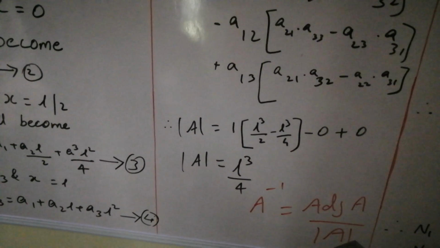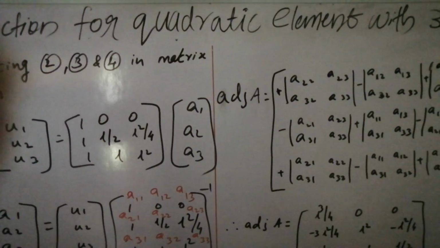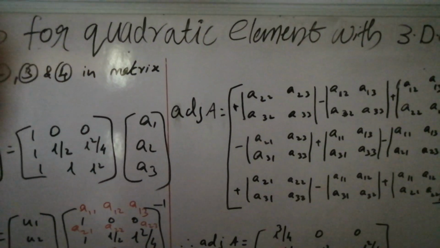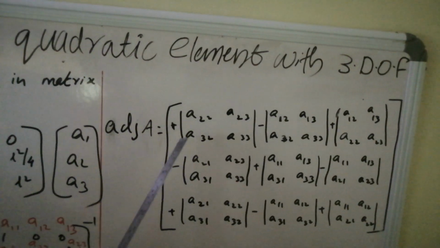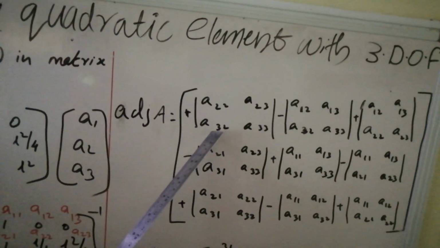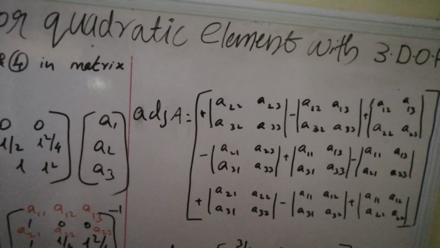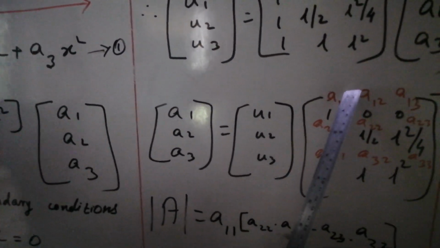Now we want to find the adjoint A. For adjoint A, what we are doing is, there's an equation for a 3 by 3 matrix, plus A22, A23, A32, A33. That is, we are finding the determinant of the terms by removing.